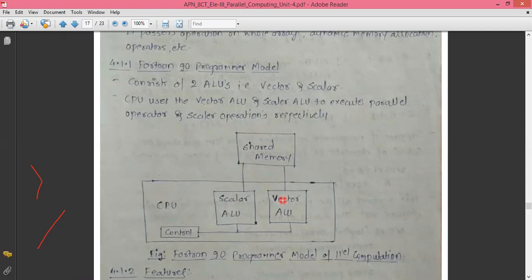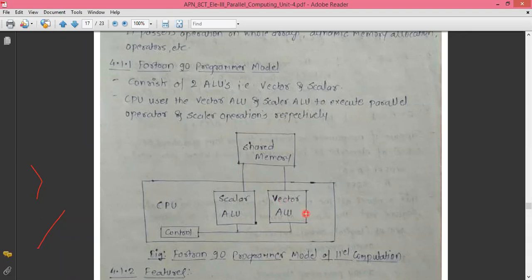The scalar instructions are executed by the scalar ALUs, and the vector instructions are executed by the vector ALUs, right? Scalar means simpler instructions, and vector means the complicated or heavy instructions executed by the vector ALU.